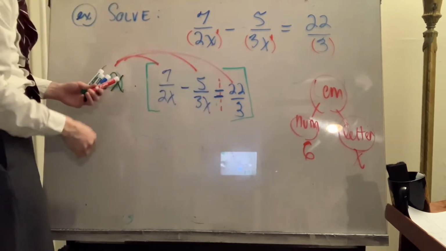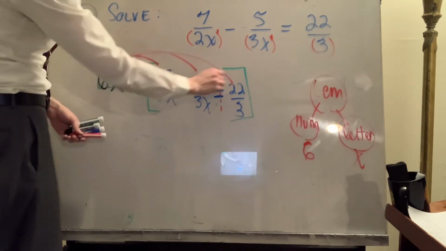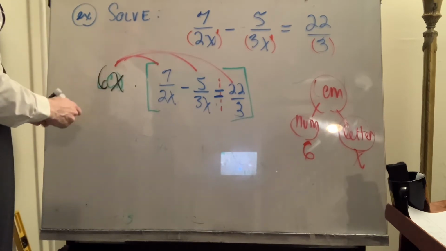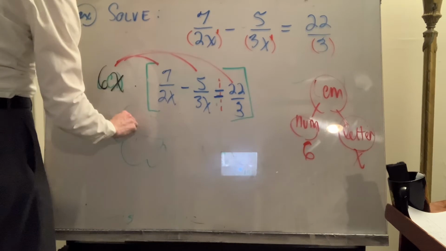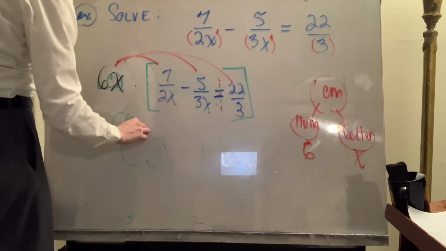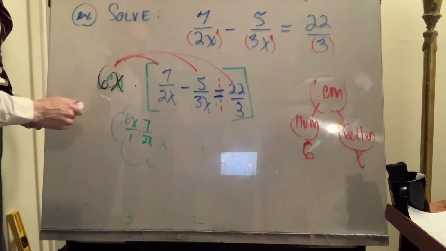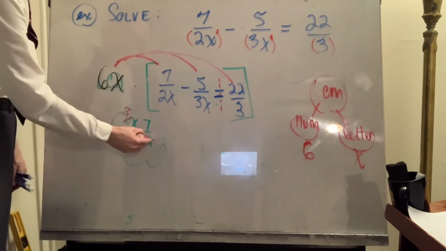So what I like to do is write a little reminder to myself as I go through it. If essentially what is happening when you have 6x times 6x over 1, just to make it look like a fraction, 7 over 2x, the 2 would cancel and this would be left as a 3, and the x's would go away.